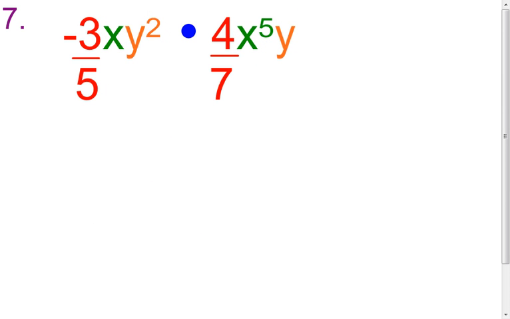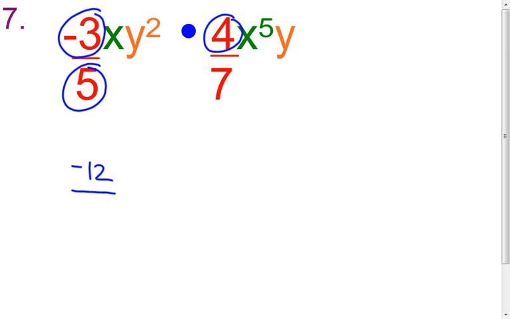And one more here. It's got a fraction with it, but we can handle this. So don't freak out about fractions. If I multiply negative 3 times 4, I have negative 12. And on the bottom, if I multiply 5 times 7, I have 35, and that does not reduce. Okay?